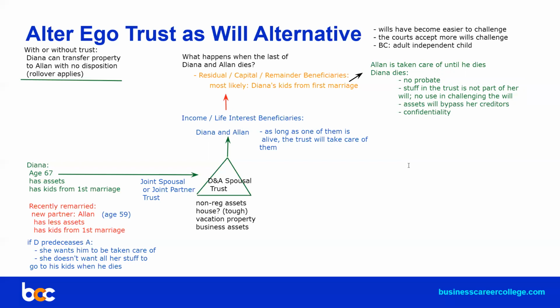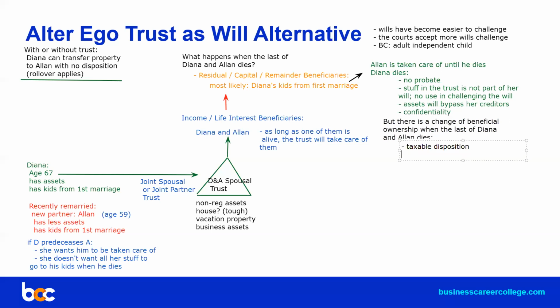Now, the other thing that's going to happen here is when the last of Diana and Alan dies, we will have a change of beneficial ownership. Okay, when the last of Diana and Alan dies, so that's going to be a taxable disposition.